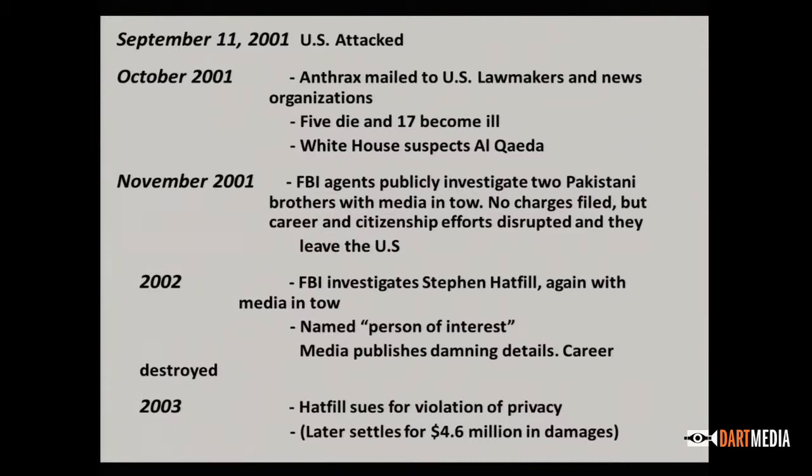What may not be as well remembered is that in the middle of all this trauma was the anthrax scare. It was really just a week after September 11th. It picked up steam in October, but anthrax, this deadly chemical, began to appear in the mailboxes or in the mailrooms of lawmakers and of news organizations. Two U.S. senators got anthrax in an envelope. NBC News, the New York Post.